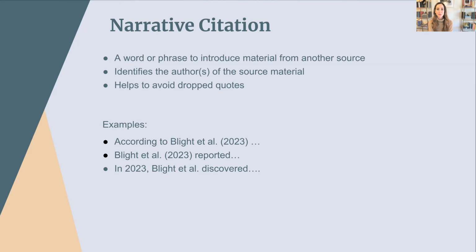And later, we'll also talk about using transition words and phrases and signal phrases and reporting verbs to introduce sources, but we're not there yet. So these are just a few examples of narrative citations. According to, or Blight et al. reported, or in 2023, Blight et al. discovered. These are all different ways that you can include a citation within the narrative of the writing.